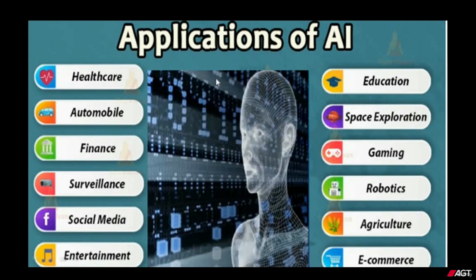Actually AI has broad domains and is used in many areas, but a few of them are healthcare, automobile, finance, social media, entertainment, education, space exploration, gaming, robotics, agriculture, and commerce. These are a few of the most important areas where artificial intelligence and robotics are used.